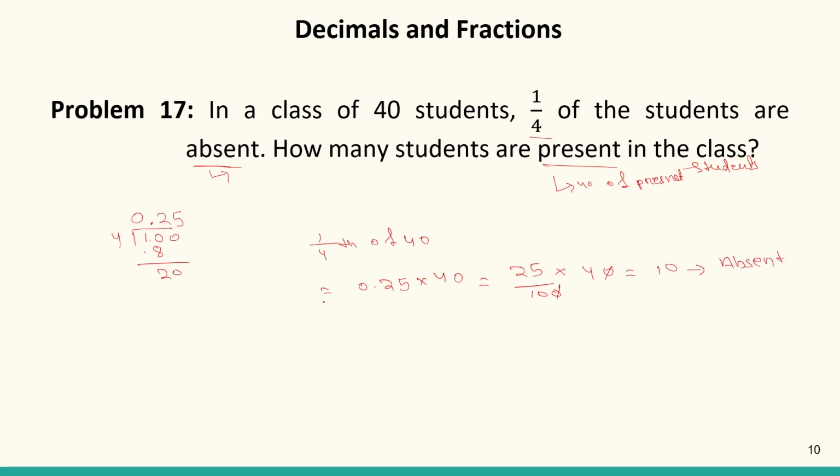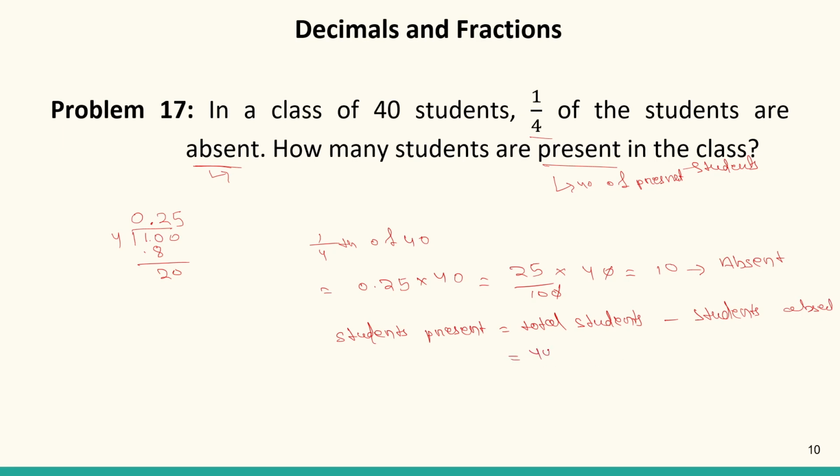So the total number of present students is equal to total students minus absent students.